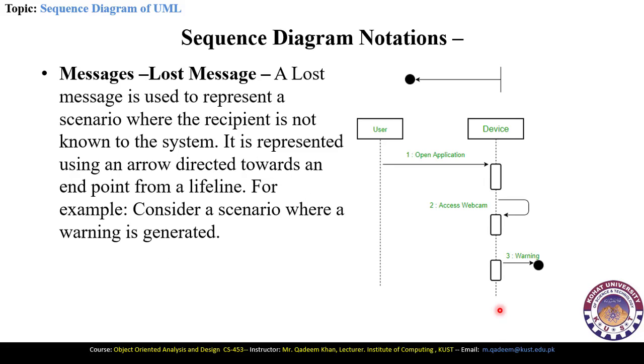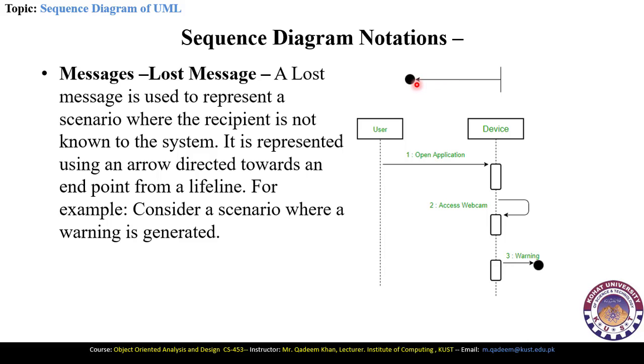Another one is the lost message. The lost message is exactly like the found message, but it is a little bit different because you can see the arrowhead is pointing towards the unknown source. Similarly here, this is the symbol showing that the arrowhead is pointing towards some unknown source.